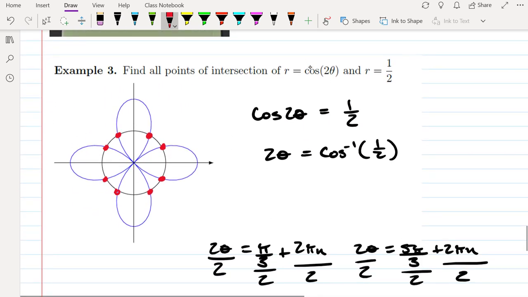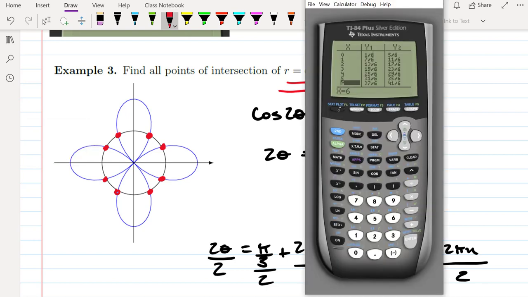Well, let's take a closer look at r equals the cosine of 2 theta. So first thing, we're going to hit mode on our calculator and change our calculator into polar mode. And then if we go y equals, here's our r, and we want to put in r equals the cosine of 2 theta. And if we graph it, it's really, really small, so let's change our window.